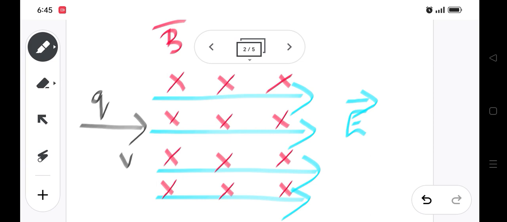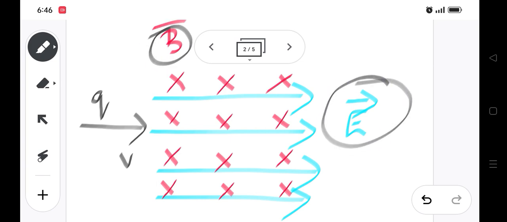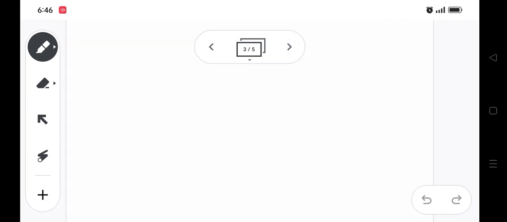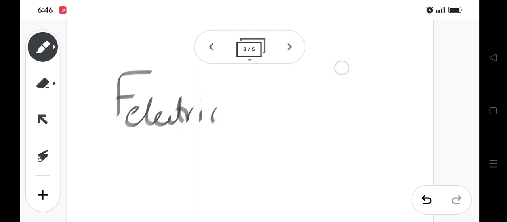What are the forces experienced by this charge? That's a question. Here we have an electric field, then a magnetic field. When a charge q with velocity v enters this region, what are the forces experienced by this charge? Definitely, we know that there will be electric force as well as magnetic force.